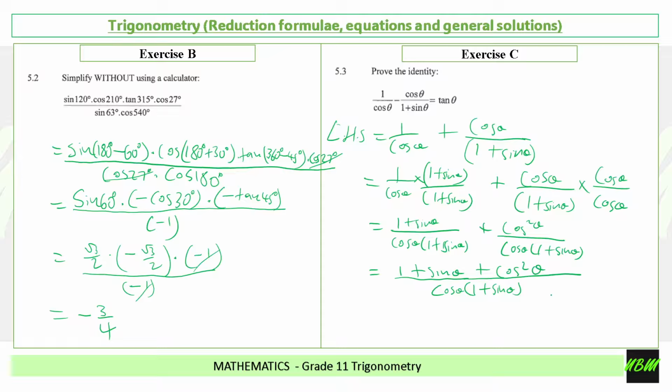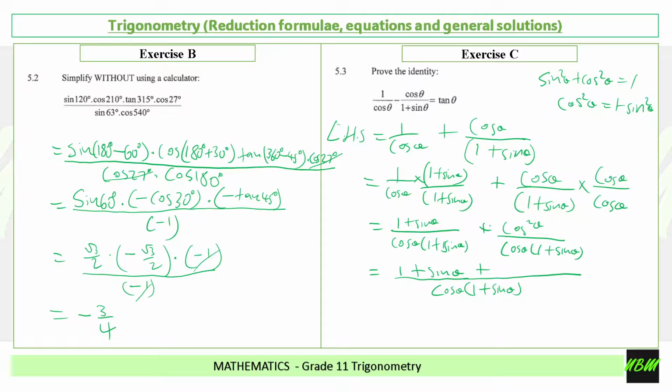But now, as we simplify, what will be cos squared theta? From the square identity, sine squared theta plus cos squared theta is equal to 1. Making cos squared theta the subject of the formula, we get cos squared theta is equal to 1 minus sine squared theta.